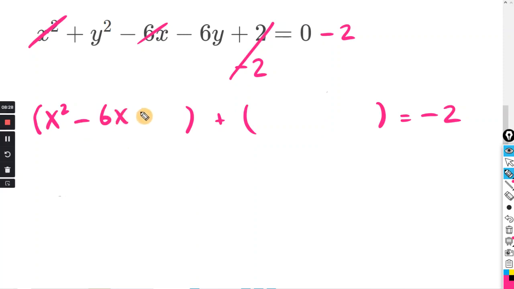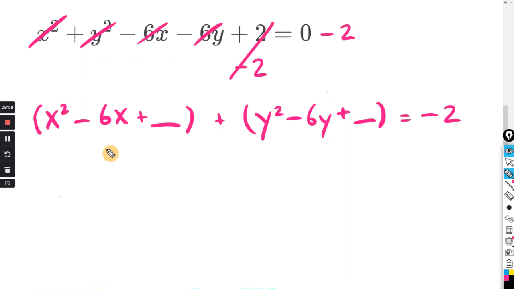And the blank space is last. Same thing with the y's. Y squared is first. Negative 6y is second. And then the plus blank space is last. This will always be positive because the step in filling in this blank is to square the number that you had. So this will always be positive.